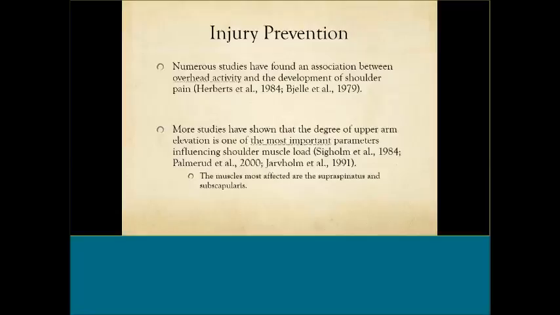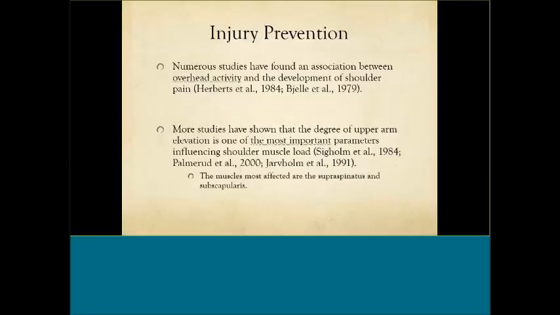And we don't want to start out that way. Okay? There's also been more studies on the degree of upper arm elevation actually reflects shoulder pain and load. So it's not just, am I reaching overhead, but it's the difference from 90 degrees and up that actually can be shown to have results on shoulder pain.